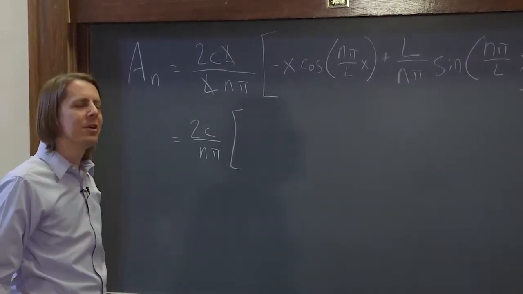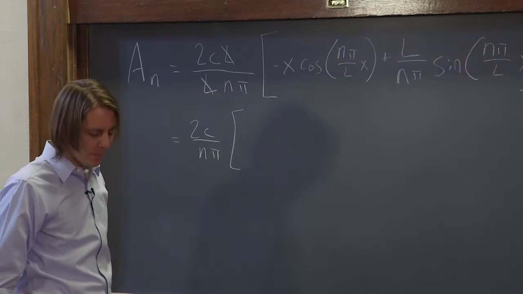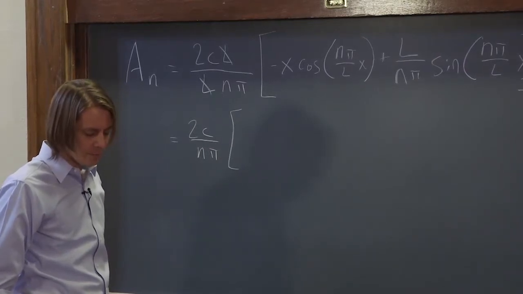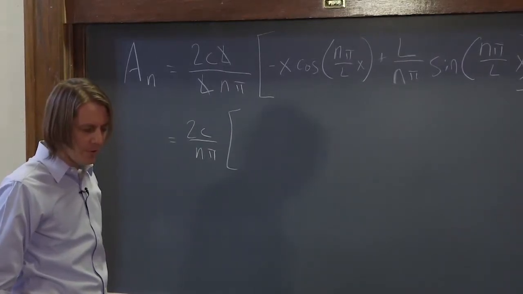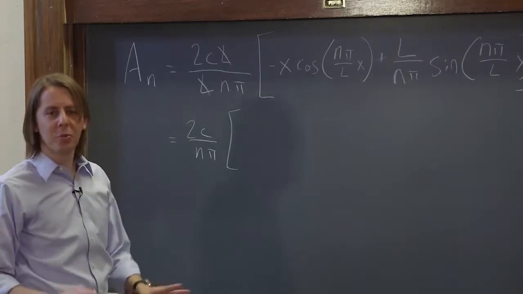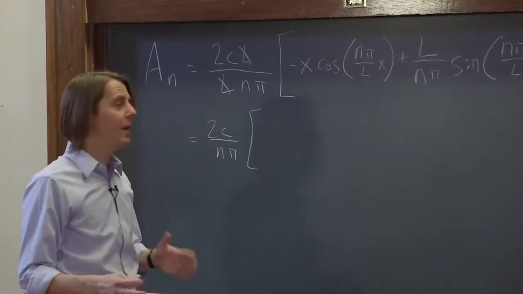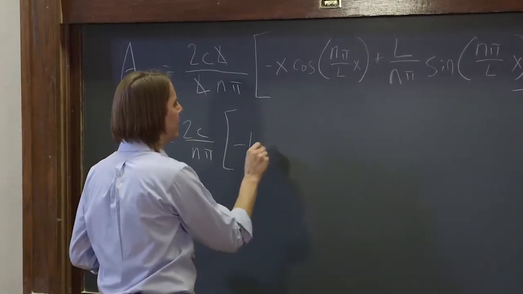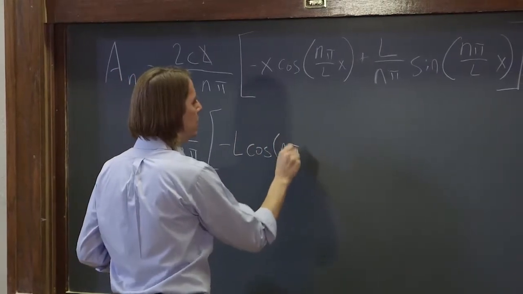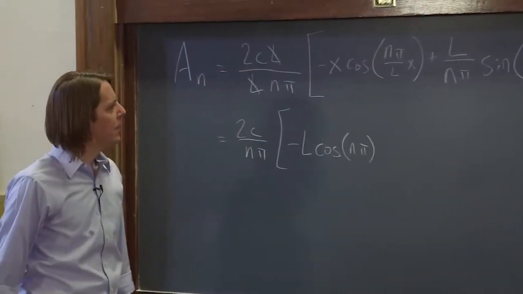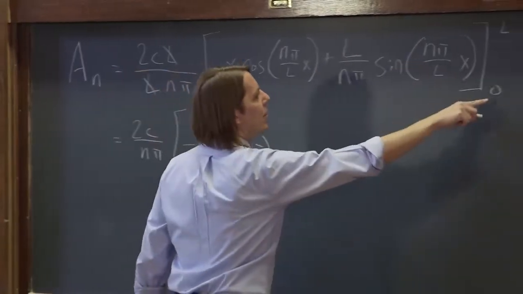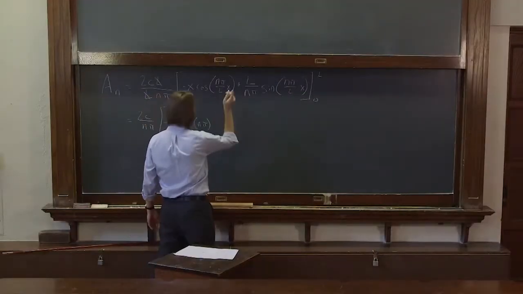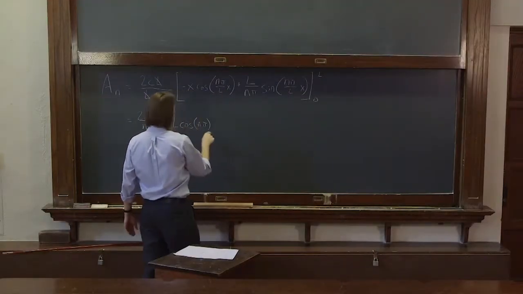The cosine of n pi you can't say is 1. You can't just say it's 1 because it can also be negative 1. So you actually just leave that the cosine of n pi. Minus L cosine n pi. And then this term is 0, right? You plug in 0, you get 0. So that's minus L cosine n pi.